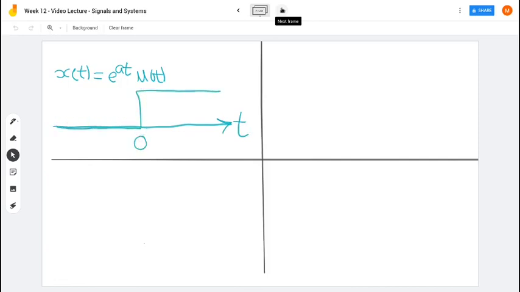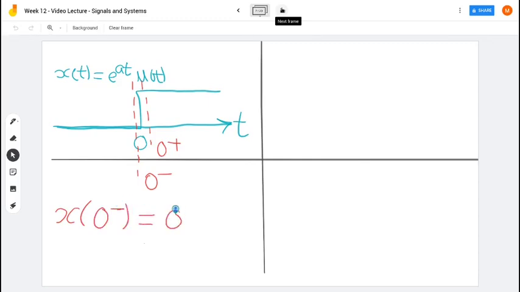But just before 0, at 0 minus, the value of u of t is 0. And just after 0, at 0 plus, the function takes the value of 1. From here we can conclude that the function x evaluated at 0 minus will be 0.